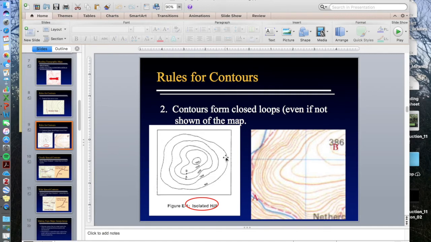We can identify something like a hill because we start seeing an increase in elevation numbers as we go, as given on this map, and so we know this is a hill. If we saw decreasing numbers as we went towards the center, then that would be a valley. Sometimes our map does not cover the entire system, and you may need one or two, or even several maps put together to show the higher land feature that would close those contours, but they are closed contours.